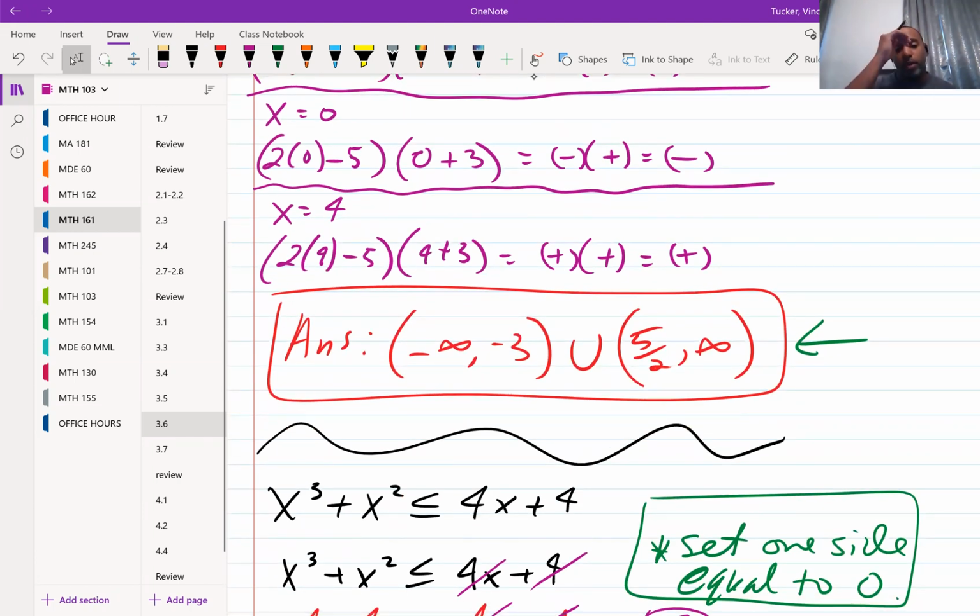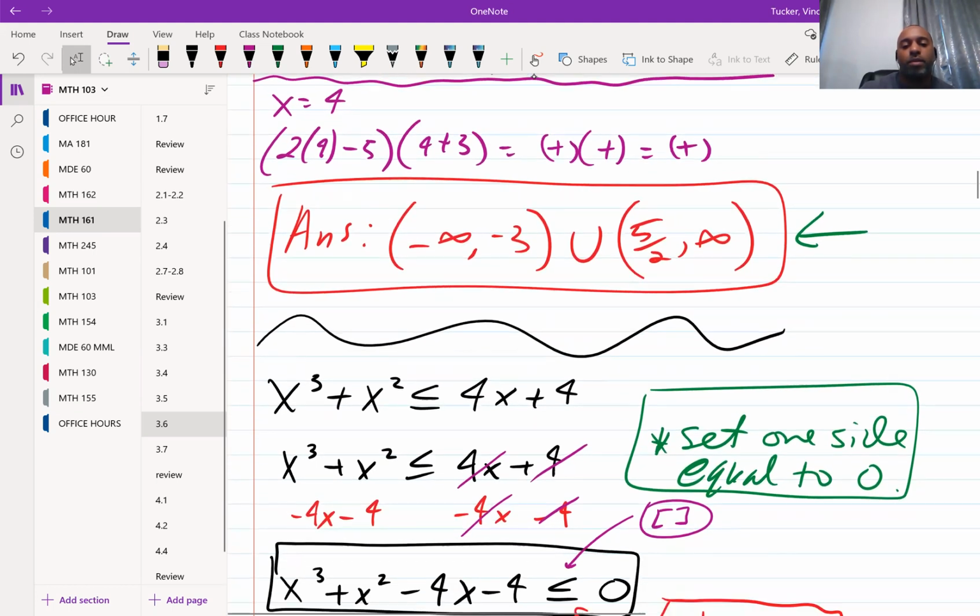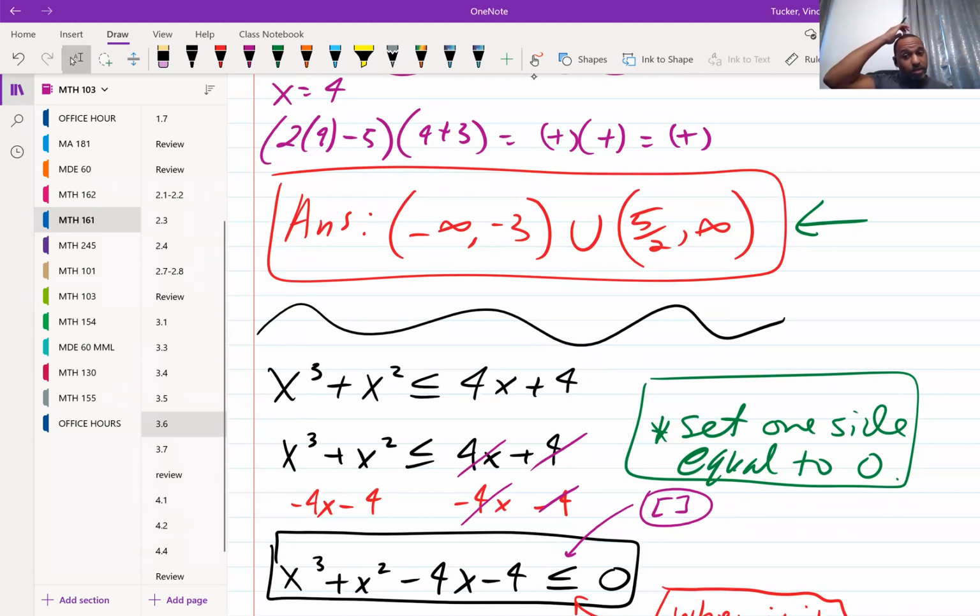This time we have a cubic equation, x cubed plus x squared less than or equal to 4x plus 4. And just like before, we want to set one side equal to 0. So I minus 4x and minus 4 from both sides.